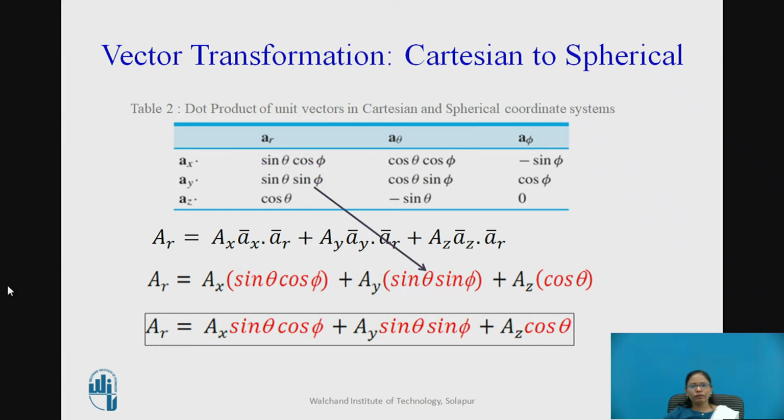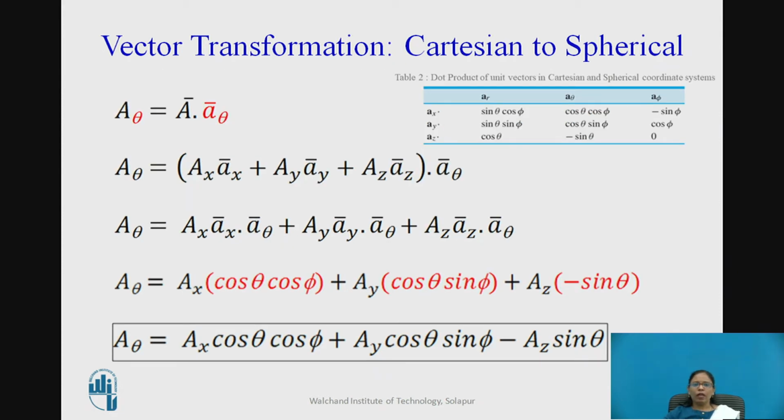Then again I locate az bar dot ar bar, which is cos theta, and substitute in the equation. So finally, I get the equation of AR as Ax sin theta cos phi plus Ay sin theta sin phi plus Az cos theta.